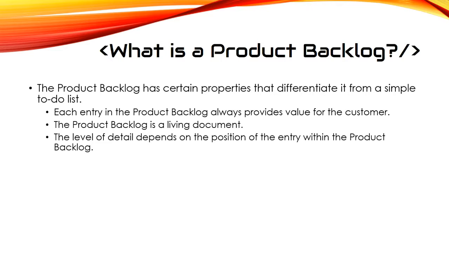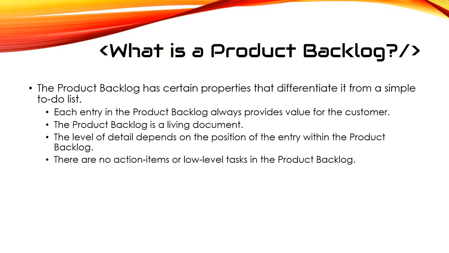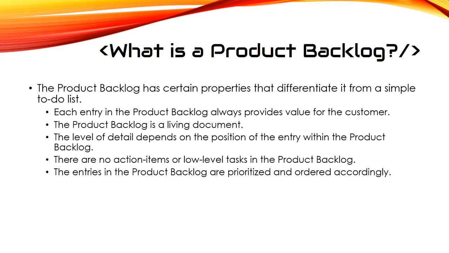The level of detail depends on the position of the entry within the product backlog. There are no action items or low-level tasks in the product backlog. The entries in the product backlog are prioritized and ordered accordingly. All entities in the product backlog are estimated, and like I said, we'll have a separate video on estimation.